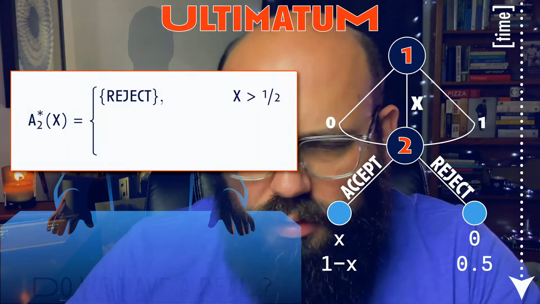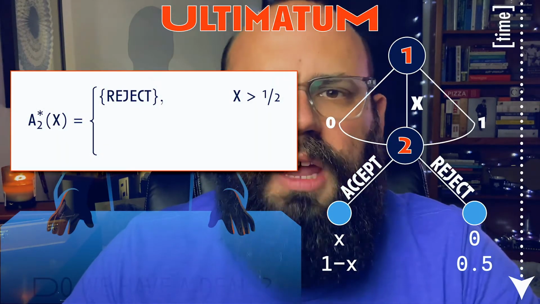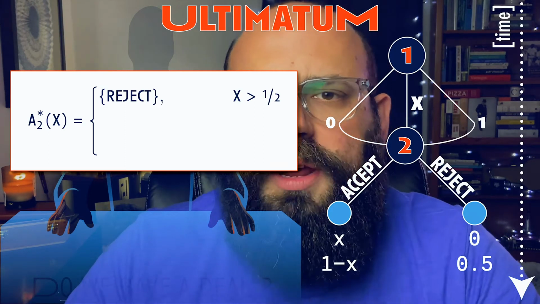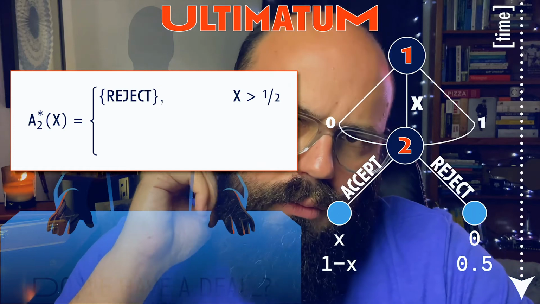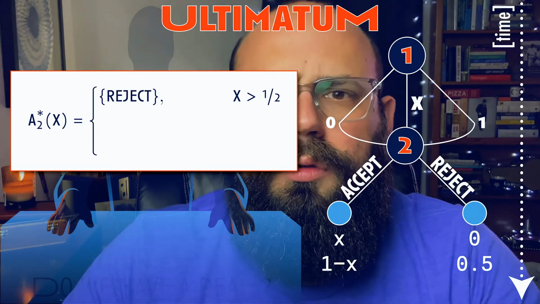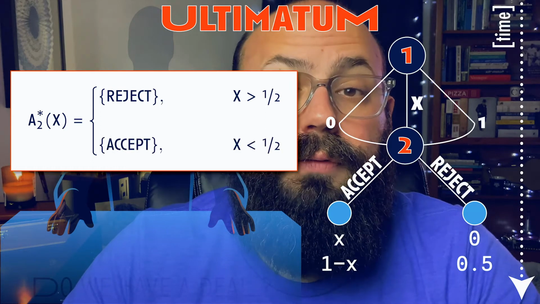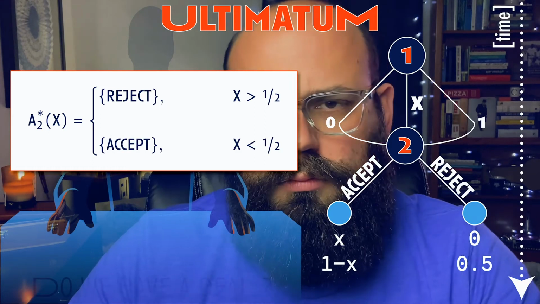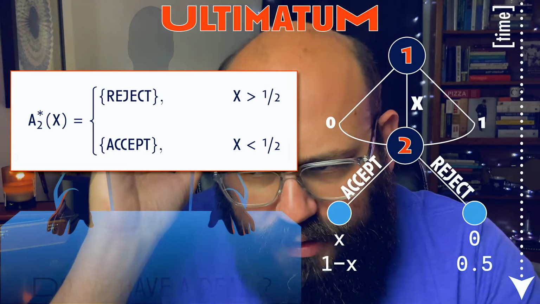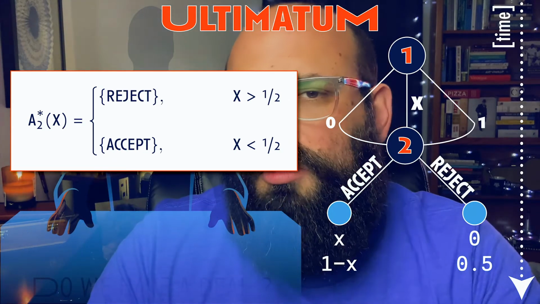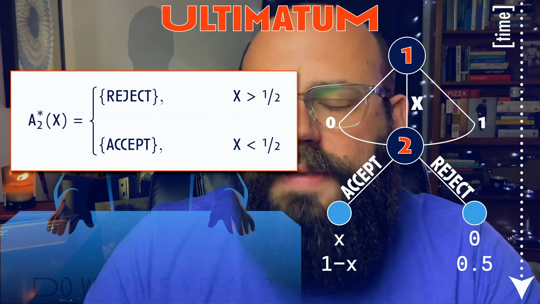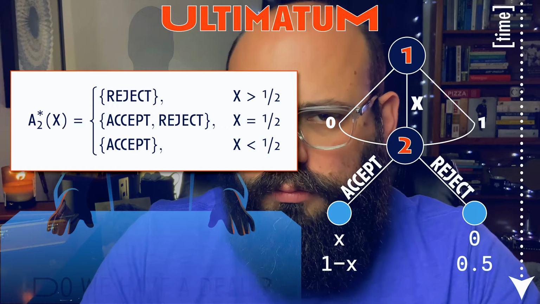So they would like, for sure, to reject all offers where x is strictly greater than 1/2. Similarly, they would like to accept all offers where x is strictly less than 1/2. Those are all worlds where they get something strictly better than the 1/2. However, if x is exactly equal to 1/2, now player 2 is indifferent, and they could either accept or reject.